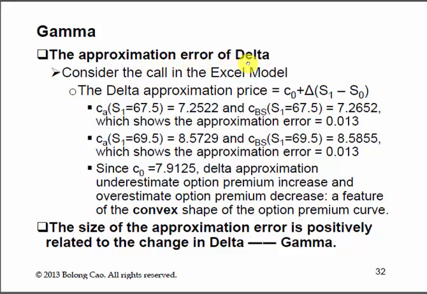We know delta has an approximation error, and I want to say it again, in the previous approximation errors that we have seen, most of the cases, the delta change comes from both the underlying price change and the time passed. Okay, it's not a simple price change.